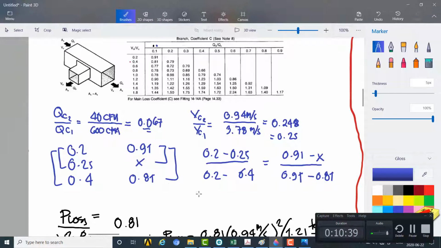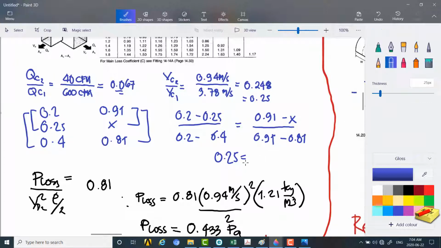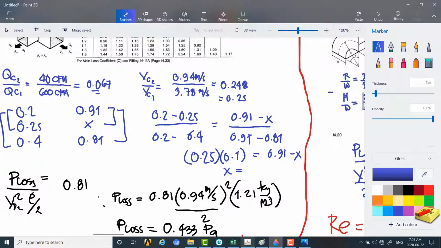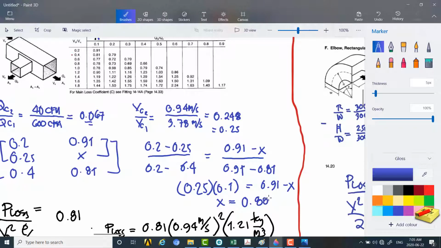We can rewrite this equation as 0.25 minus the value here, multiplied by 0.1, then that will be 0.91 minus x, and we have the value of your coefficient of x, which is positive 0.885.